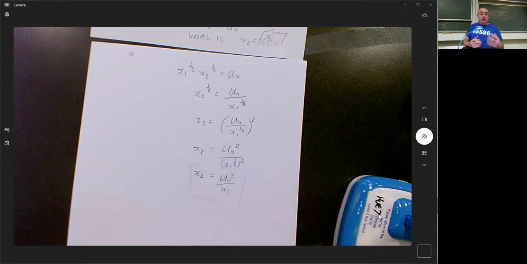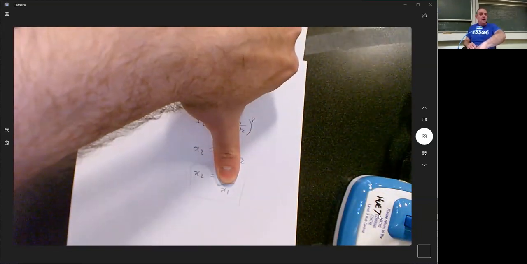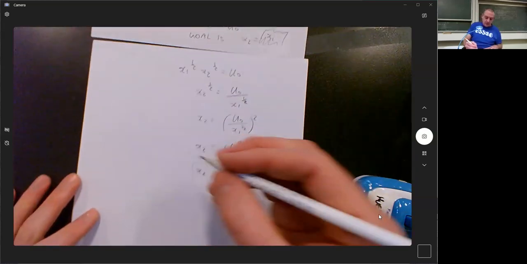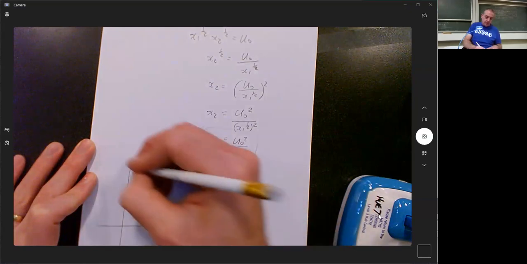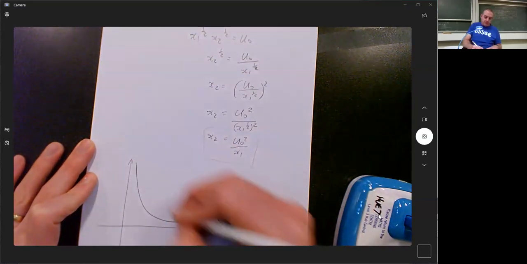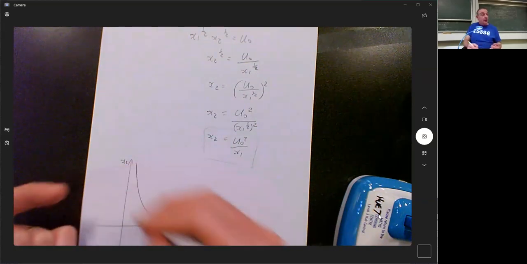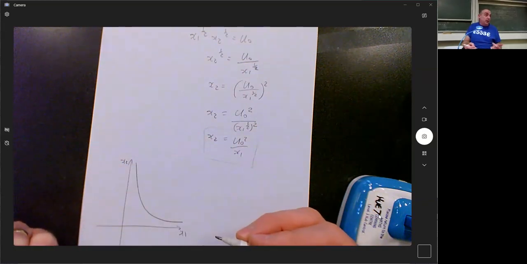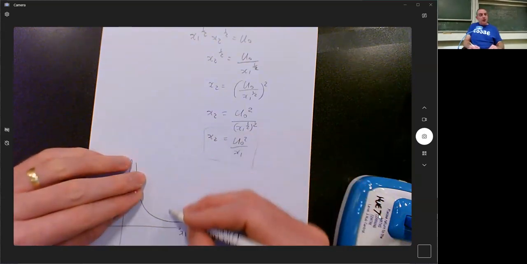I have to use my knowledge of what graphs ought to look like to be able to make sense of that. And so if this was a 1 over x1 would be like this. Because in my head, y equals 1 over x looks like that. That's what y equals 1 over x looks like. And then multiplying it by a number will mean that the whole thing will be higher.